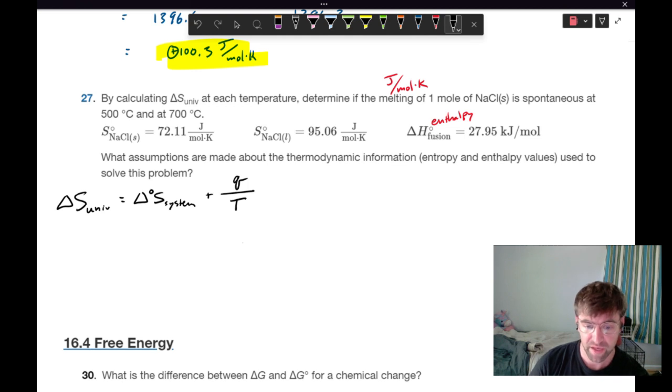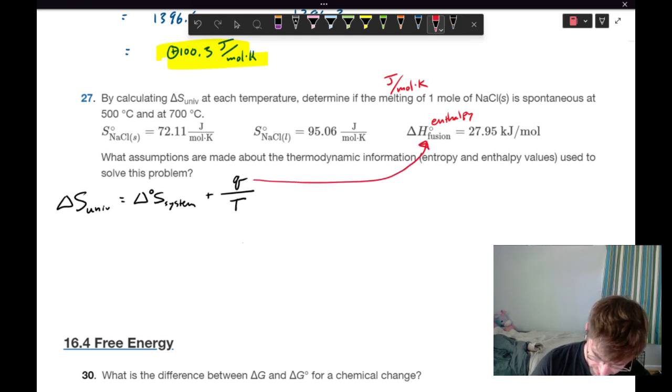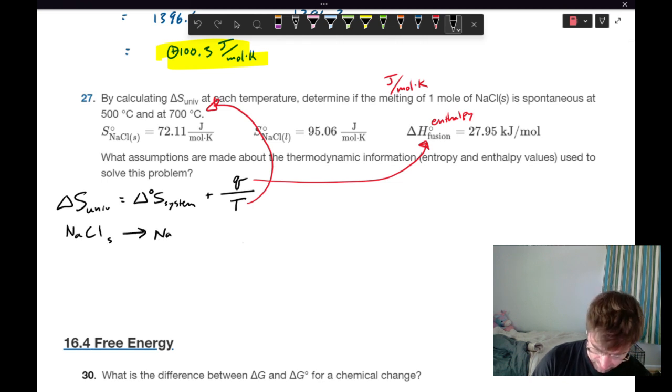So how do we want to do this? Q relates to heat, temperature we're given here, and we need to figure out the change in our system. So let's give ourselves a balanced chemical equation like we did before, from solid to liquid. There's no stoichiometry to worry about, which is nice.